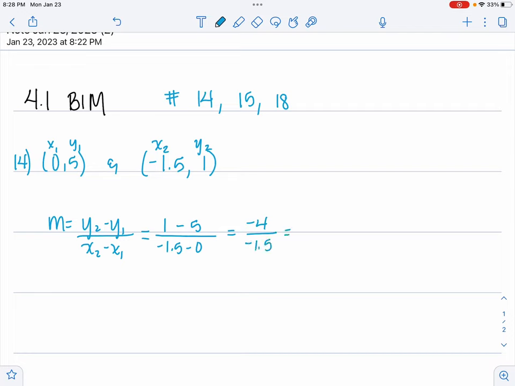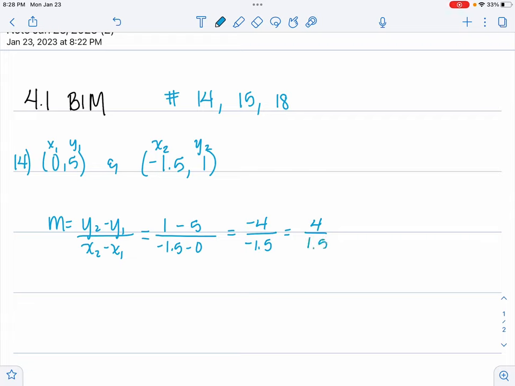So if you wrote your answer, there's a couple ways that I think Big Ideas will actually accept an answer. One of them is your slope being 4 over, not negative, positive.